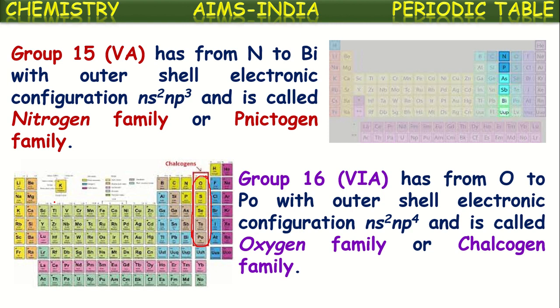In this way, most of the ores are with these 6A group elements. Based upon this reason, these 6A group elements are also called chalcogens, which means ore formers. The oxygen family is also called the chalcogen family.